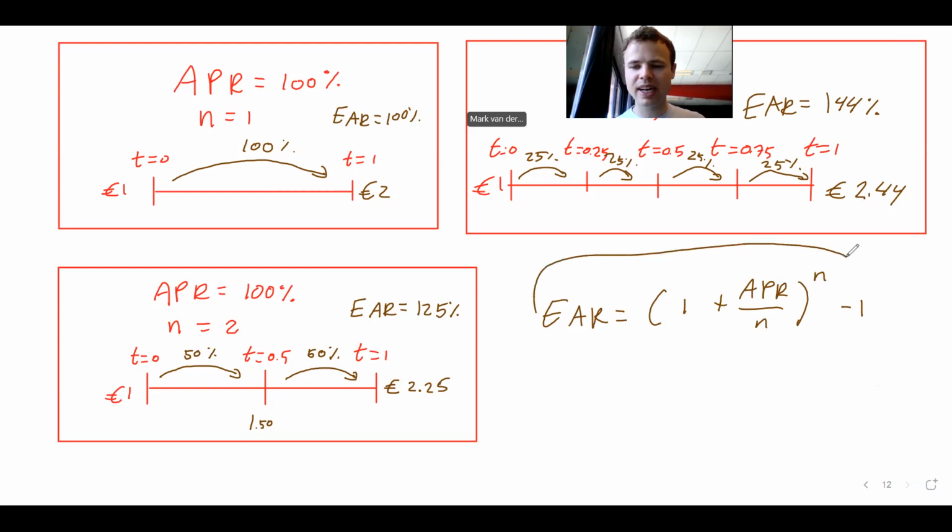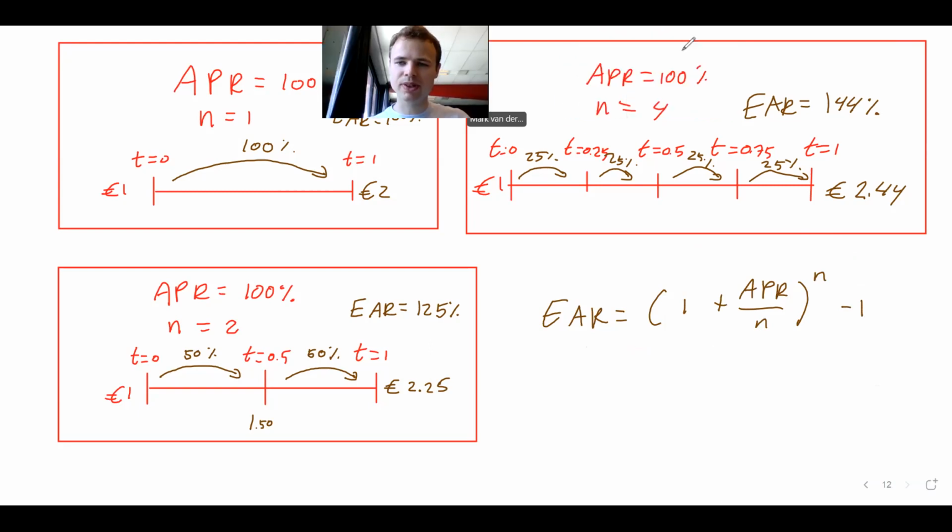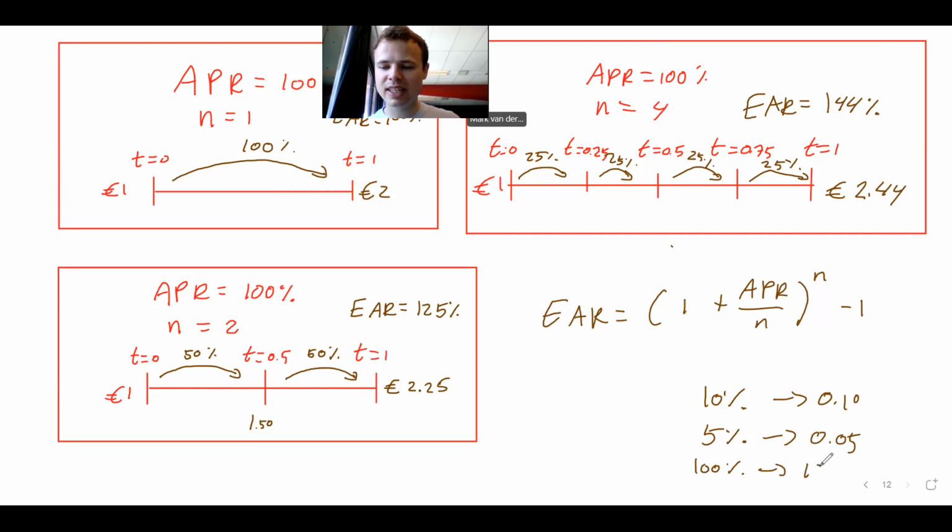You can, for example, try out filling in one of those numbers, and then you should get 144%. And notice that if you have an APR of 10%, you fill in the formula like 0.10. If you have 5%, you fill it in like 0.05. You know that, right? So if the APR is 100%, you fill it in as a simple 1.